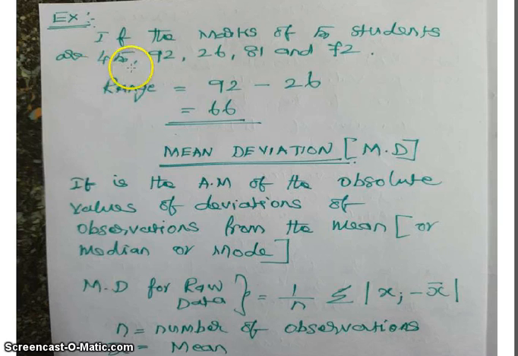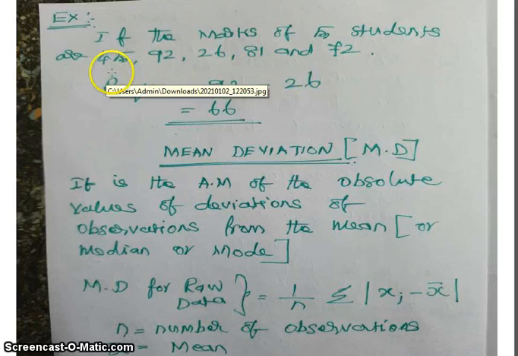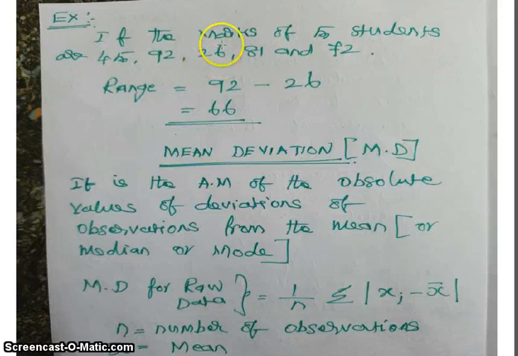In this data, the maximum value is 92 and the minimum value among these 5 is 26. So 92 minus 26, the range is 66. So it is very simple to calculate the range. From the given set of values, identify the maximum value minus the minimum value, and you will get the range. It's a very simple one.